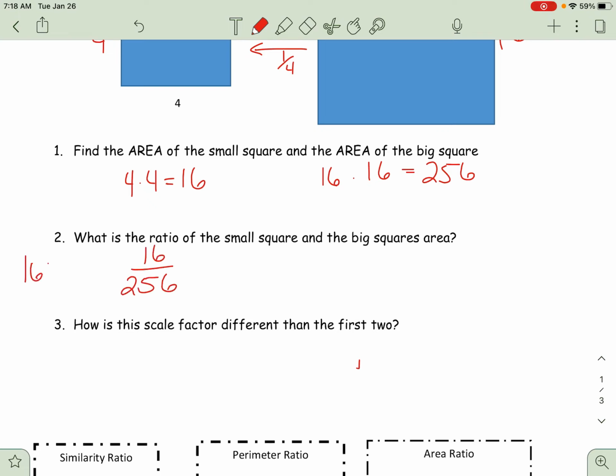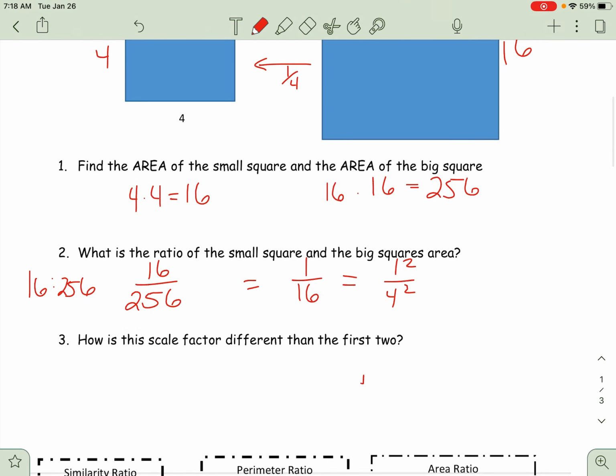Well, it's 16 over 256, which simplifies to 1 over 16, and that is 1 squared over 4 squared, right?